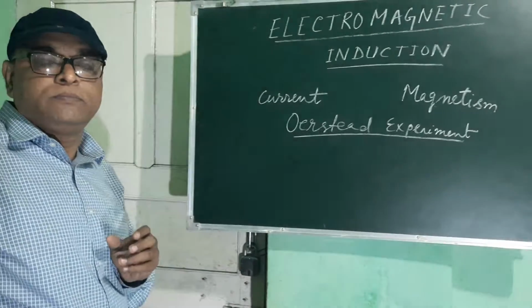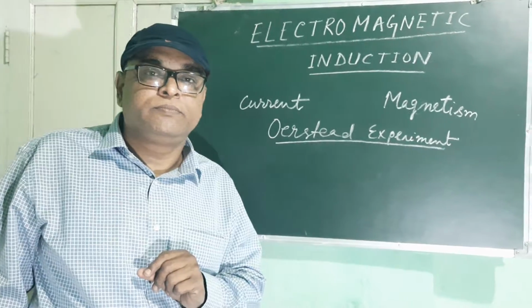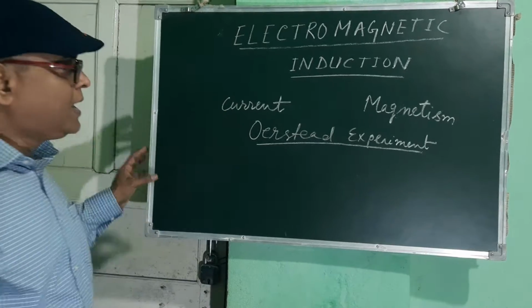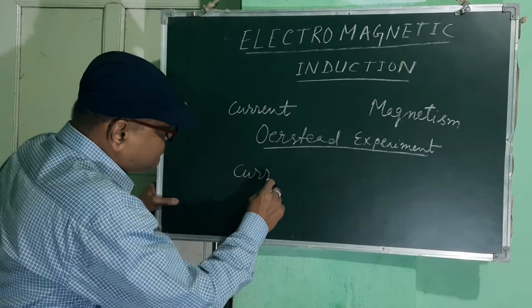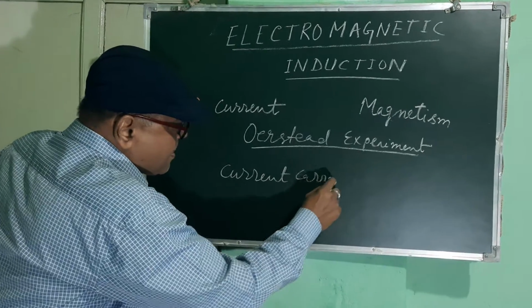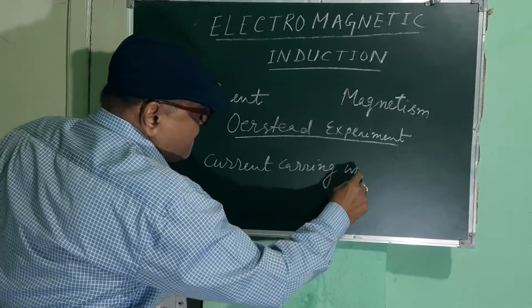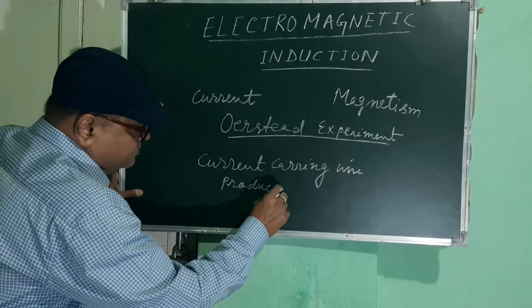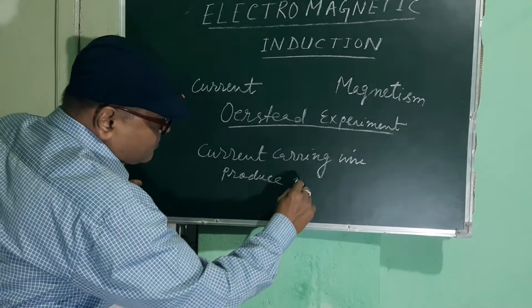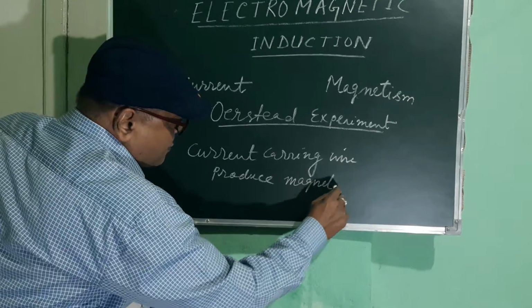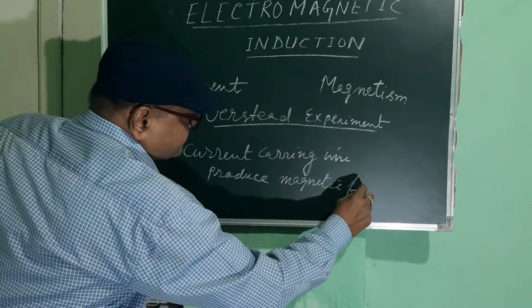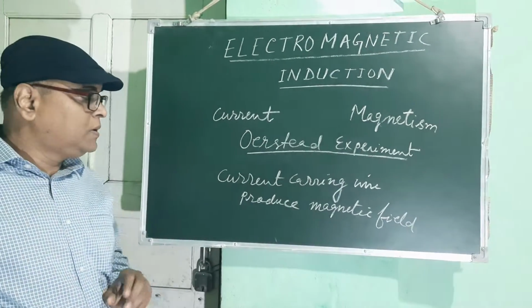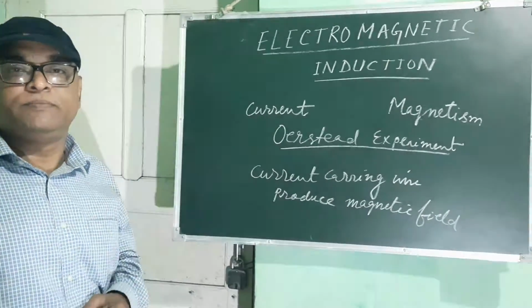What is Oersted experiment? Oersted experiment said that a current carrying wire produces a magnetic field.